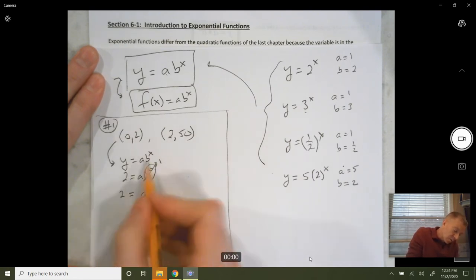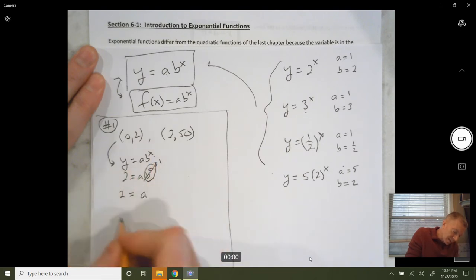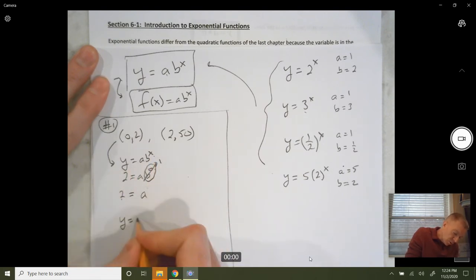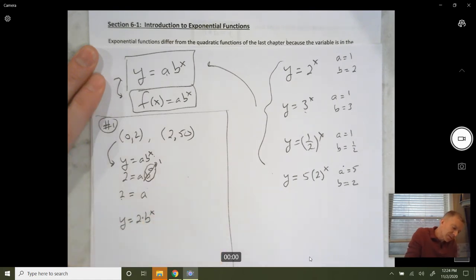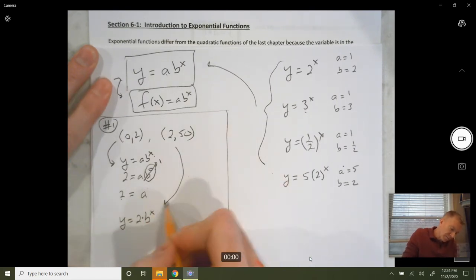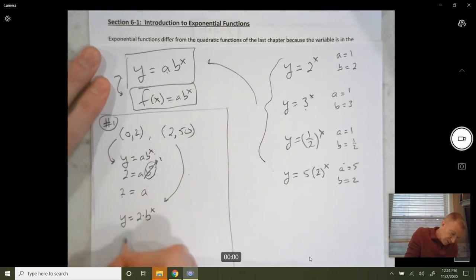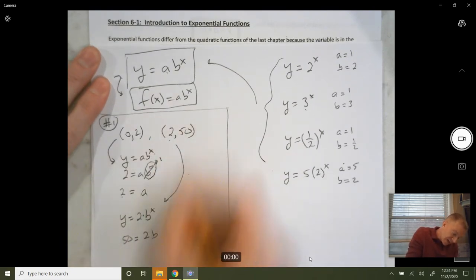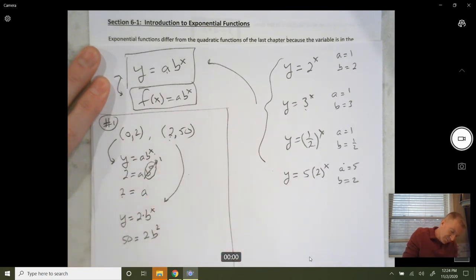Now our equation, y equals a times b to the x, is y equals 2 times b to the x. Now we can plug in the other ordered pair. The y value is 50, so 50 equals 2 times b to the x, and x is 2. Divide by 2: 25 equals b squared, so b should equal plus or minus 5.